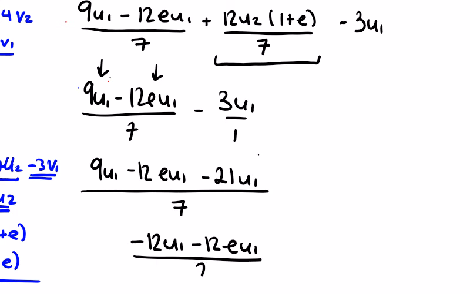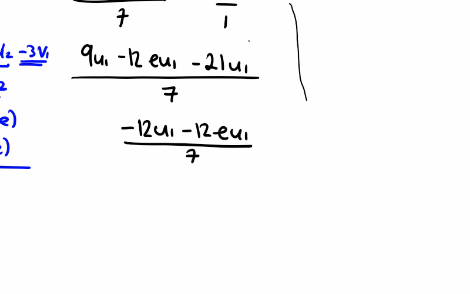That's going to give me an e plus 1 again. So if I factor out minus 12 over 7 u1, that would leave me with 1 plus e. Yeah, it does.